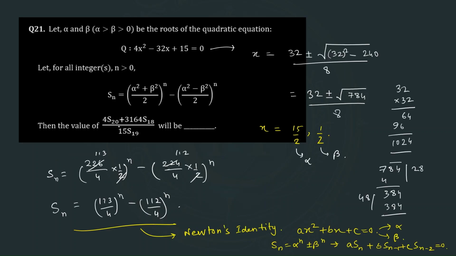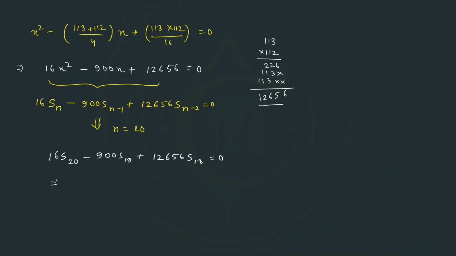Now we are to calculate the value of 4 S20 plus 3164 S18 divided by 15 S19. From here, 16 S20 plus 12656 S18 will be equal to 900 S19.